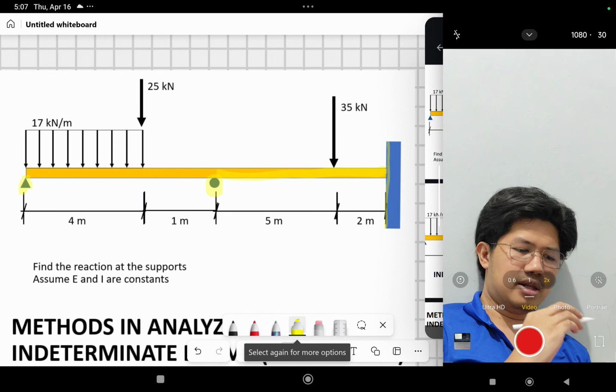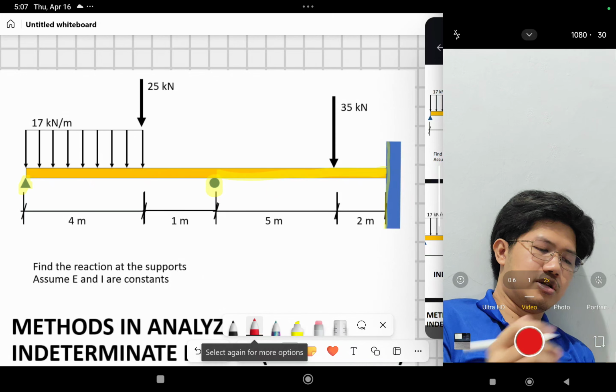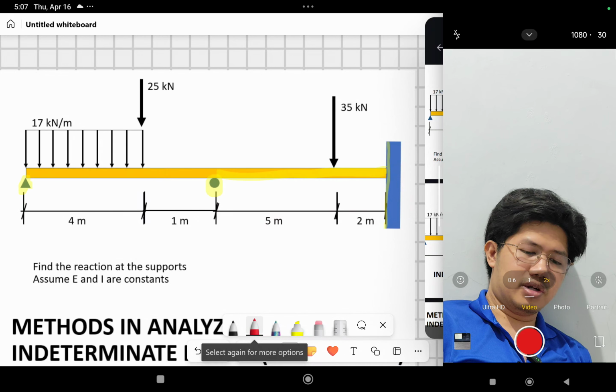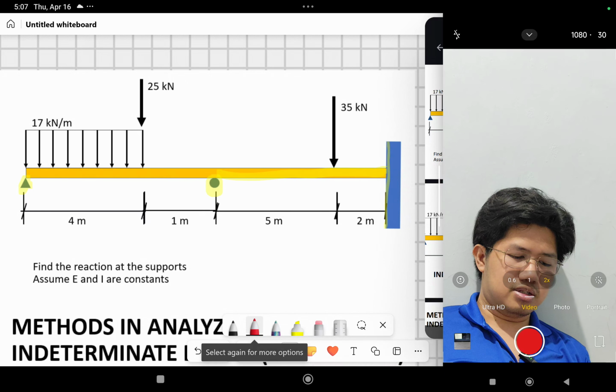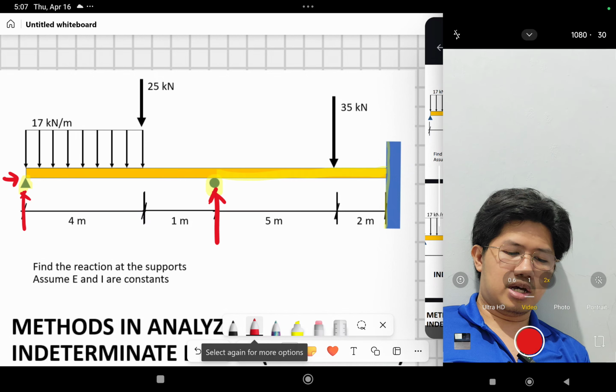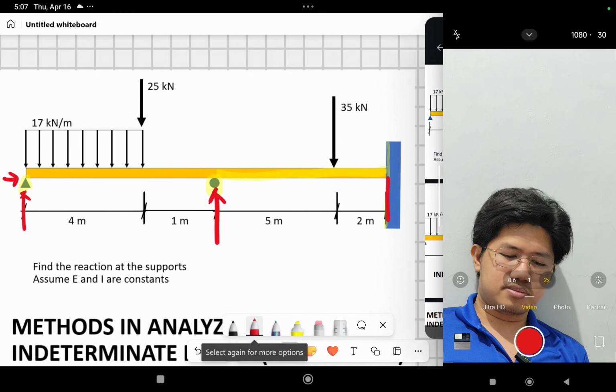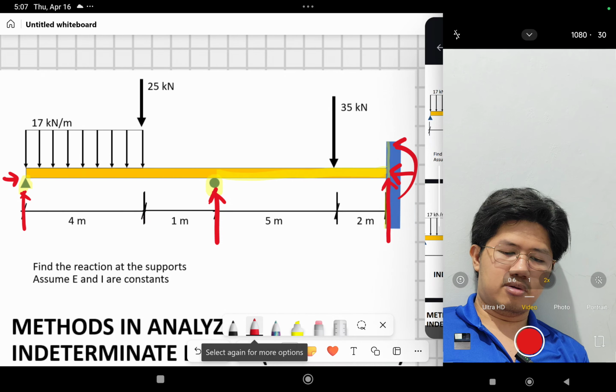So if we will analyze this one, the number of unknowns that we have is, for the pin, we have a vertical and a horizontal reaction. For the roller we have one reaction. In this case, it is vertical. Okay, and then for a fix, we have a vertical, a horizontal, and a moment.